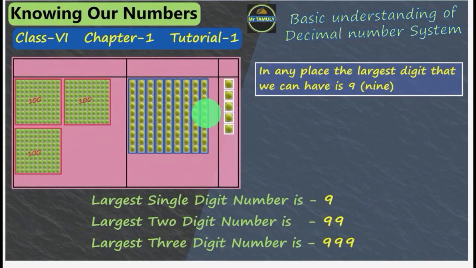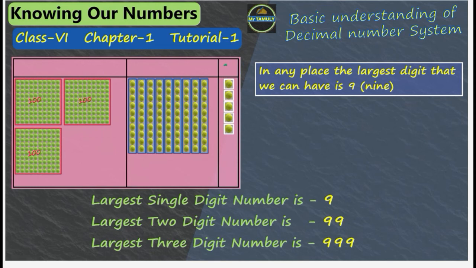From the examples we have seen so far, there is one more basic rule about the decimal number system that we can learn, which is in any place the largest digit that we can have is 9. So in ones place you can have any digit from 0 to 9.